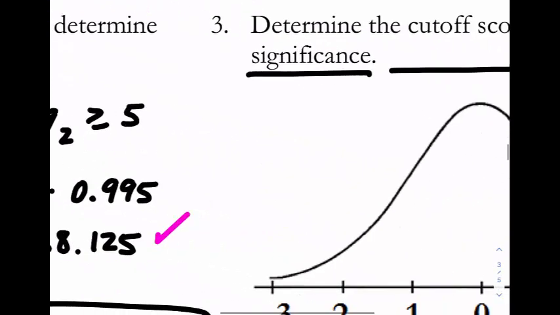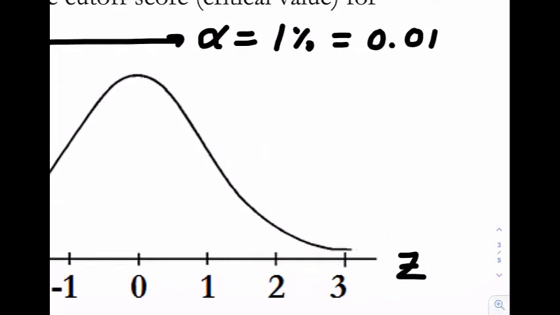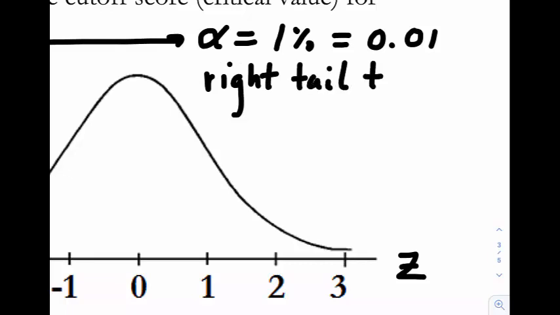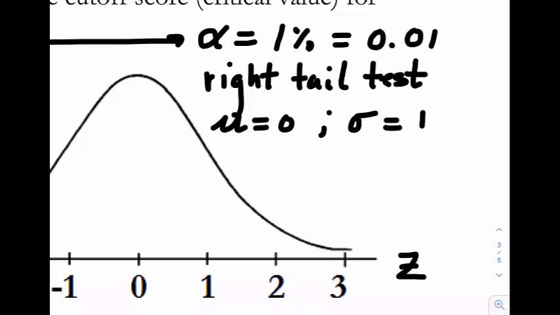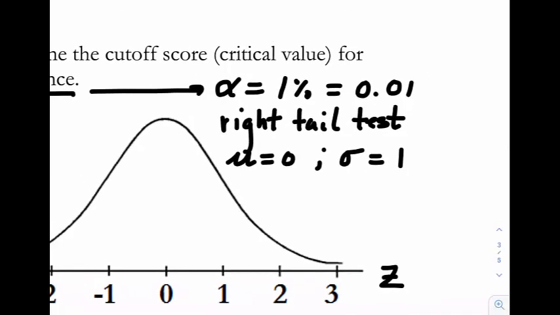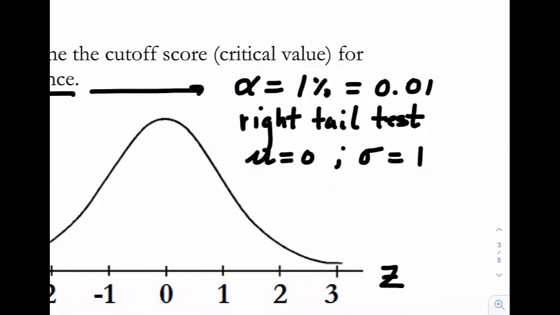We want to be on the greater side, the right side. So right tail test. And mu is equal to 0 and sigma is equal to 1. So we'll recognize those are the settings there. More particularly for the right tail test, we want to grab that bracket on GeoGebra facing to the right.